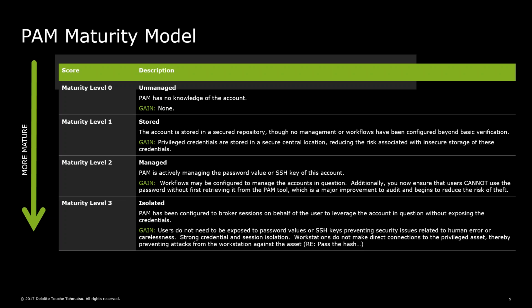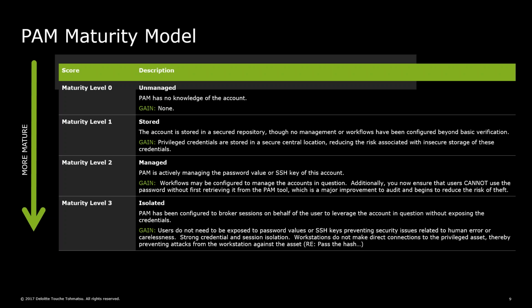Maturity level 2 is managed. We're starting to rotate those credentials, whether those are passwords, SSH keys, or maybe others. So the gain here is that the workflows may be configured to manage the accounts in question. Additionally, you now ensure that users cannot use the password without first retrieving it from the PAM tool, you've got a proper audit trail around it, and you are sticking to your policy.